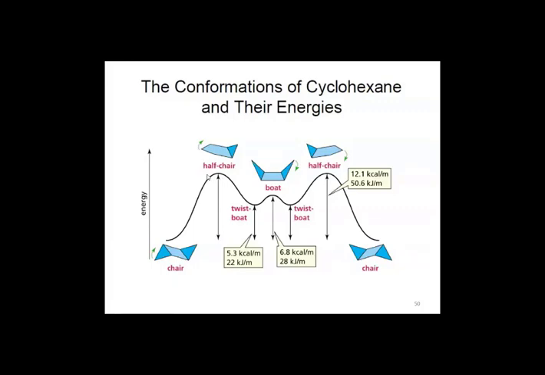As a result, the half chair conformations represent the least stable conformation of cyclohexane. If we compare the boat and twist boat conformations, the boat conformation has higher energy as compared to the two twist boat conformations. The energy gap between the boat and twist boat conformation is shown here.